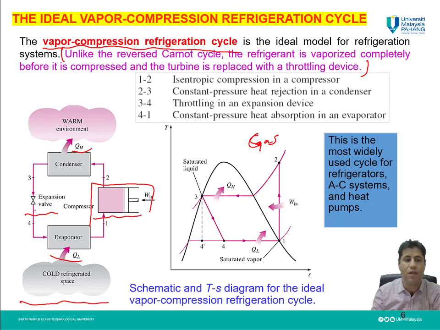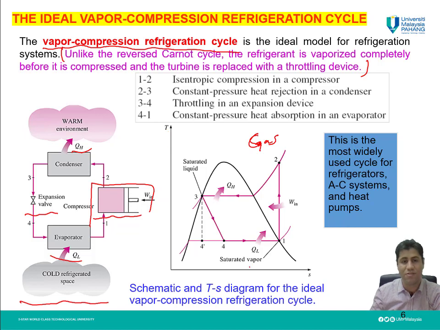The expansion valve can handle a two-phase substance. It is just a throttling device, and it will change the pressure of the refrigerant, and due to the change in pressure, its temperature also will go down.